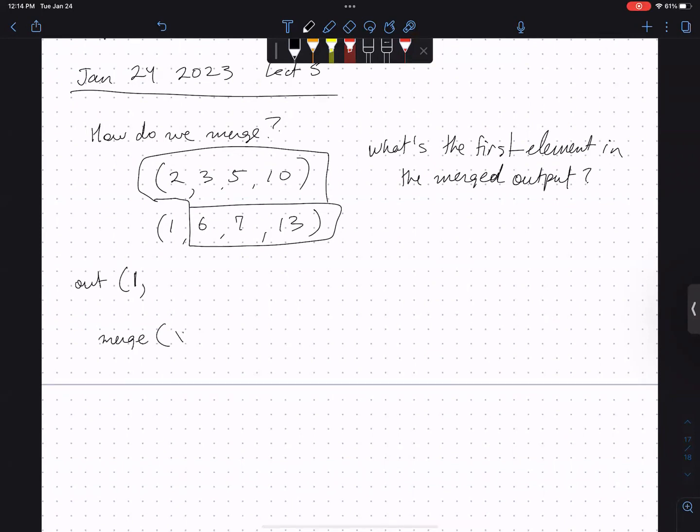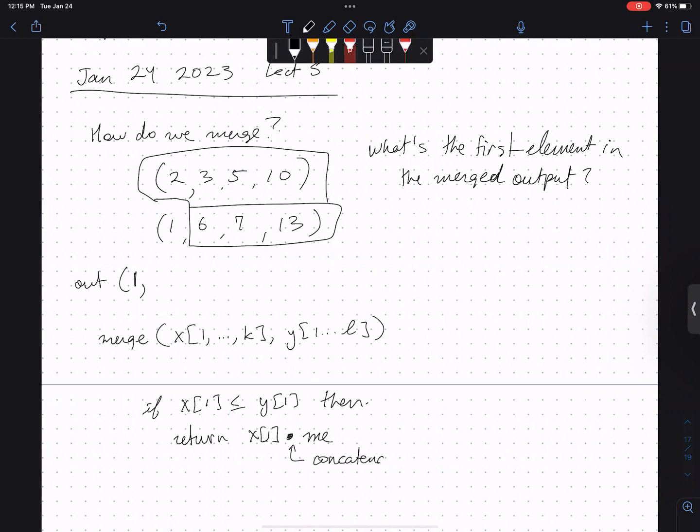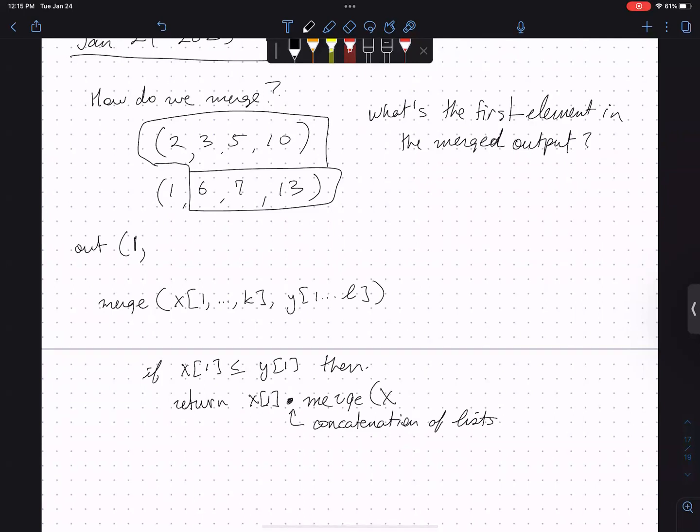Okay, so let me write this down. So merge. We'll take two arrays, the first X and the second Y. The first one of length k and the second one of length L. If x1 is less than or equal to y1, so if X contains the smallest element, then we return x1 concatenated with, so this dot means concatenation of lists, and then the recursive call to merge. Now we don't want to pass the first element anymore.